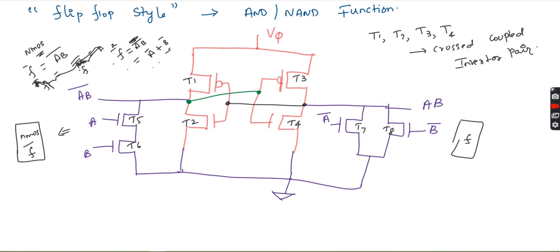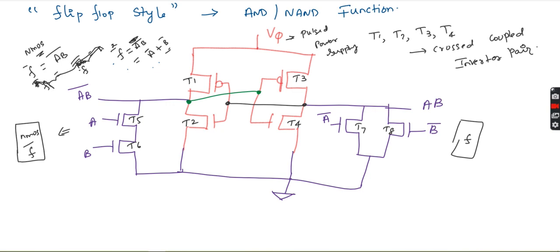Now both inputs and outputs are dual rail, meaning it's 0 and VDD. Here we are not showing the load capacitance. The V5 is nothing but a pulsed power supply.